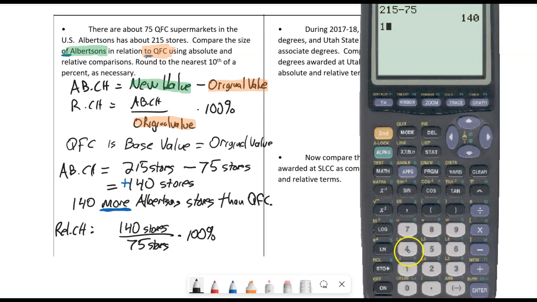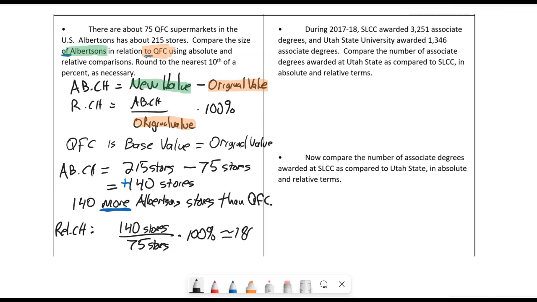So in this case, 140 divided by 75, and then times 100. Now we're looking at a percent, approximately 186.6666, etc. And from there, we round to the nearest tenth. This is the 10th position. We look to the right. The 6 is larger than 4, 5 or more, raise the score. That 6 will turn into a 7.